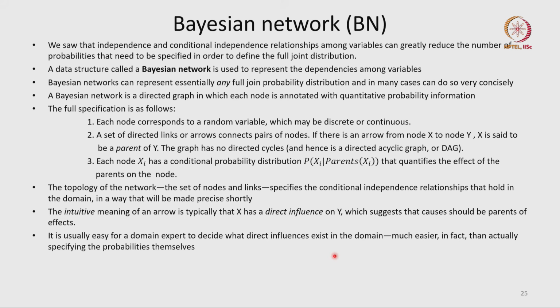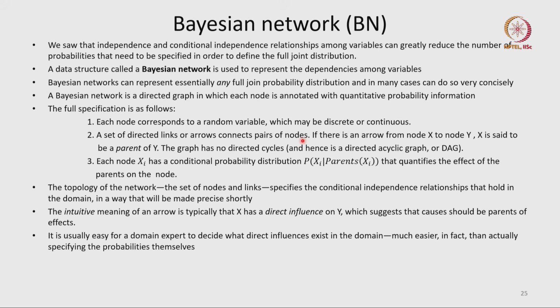So, what you do is that you form what is called the Bayesian network. The specification of that is as follows. Each node corresponds to a random variable, which may be discrete or continuous, and you have a set of links or arrows connecting pairs of nodes.